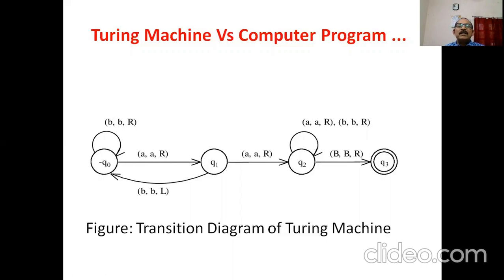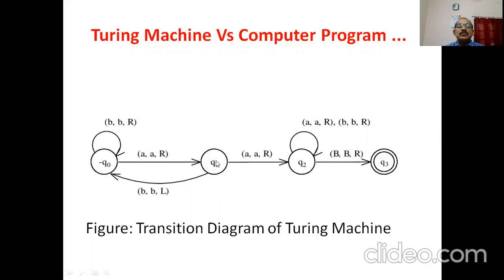And what will be the next symbol? The next symbol is B. And where is the machine? The machine is in the state Q1. If it reads B, it goes to Q0, replaces B by B and at this time moves in the left direction. What will be the next symbol the machine reads? It does not read the B. At this time it reads the A. Again it goes to state Q1, replaces A by A and moves in the right direction.